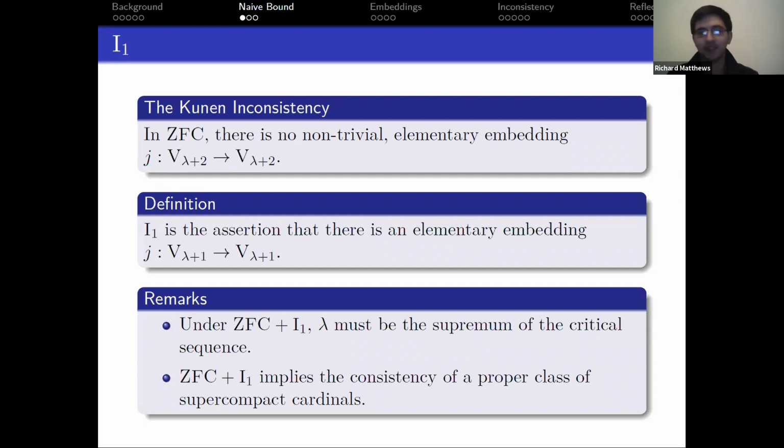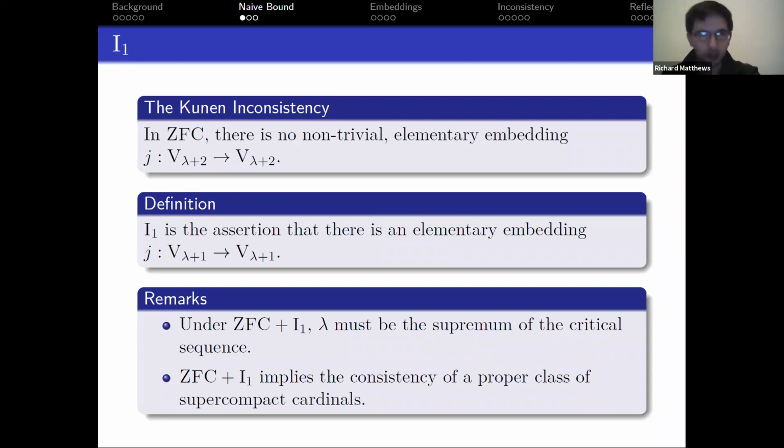What I mean by this is you can prove that V_λ believes there is a proper class of supercompact cardinals. So it is a very strong assertion to make, and in fact much, much stronger than just this statement. I just can't easily phrase how strong it is without defining a lot of complicated things.